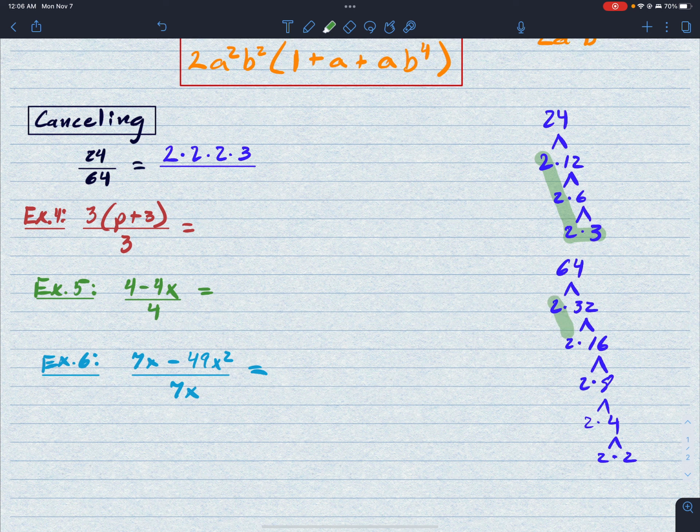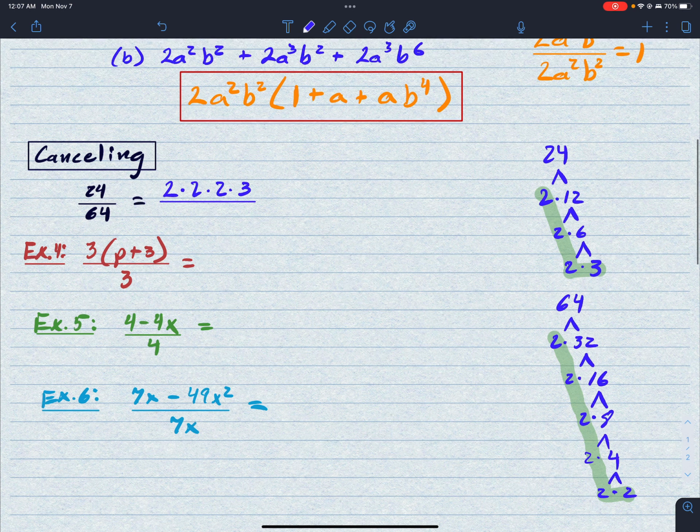And so 64 is all these 2's, it's basically 2 to the 6th power. There's 6 of them. So we get 2 times 2 times 2 times 2 times 2 times 2, 6 factors of 2.